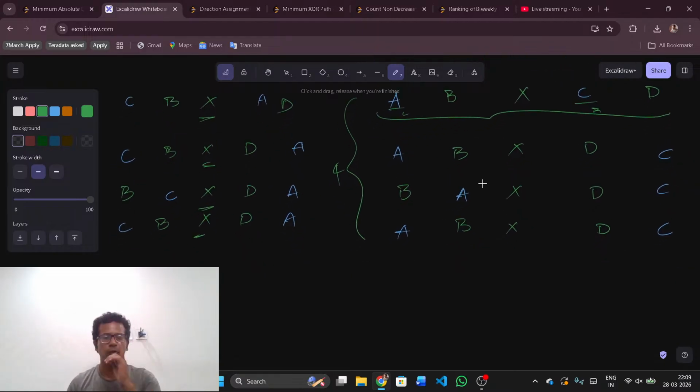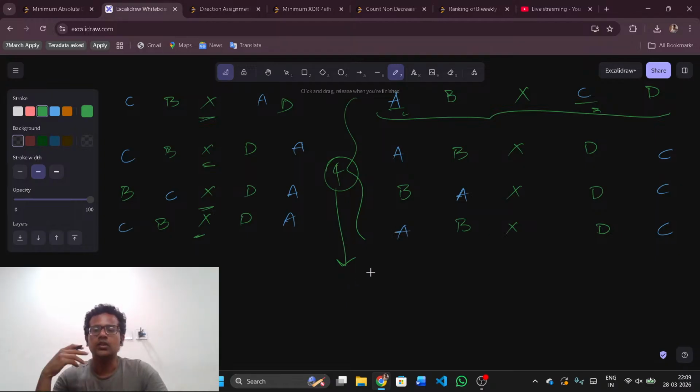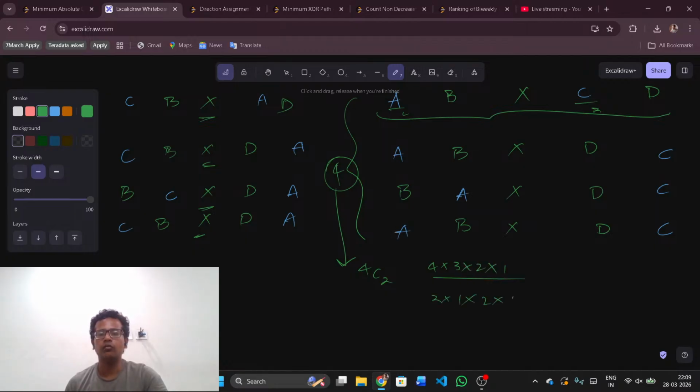So we got 4, which is nothing but n minus 1, 5 minus 1, 4. C2: 4 into 3 into 2 into 1 over 2 into 1 into 2 into 1, which is nothing but 4 into 3, 12, right?